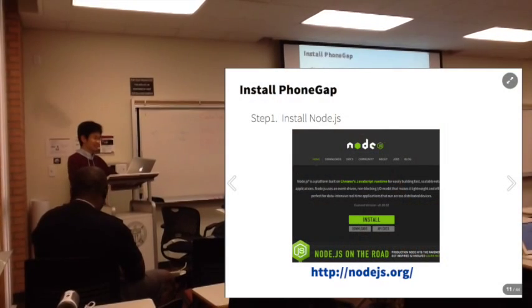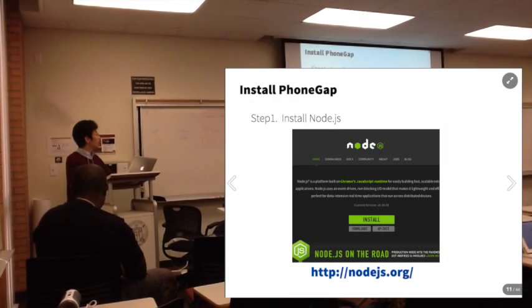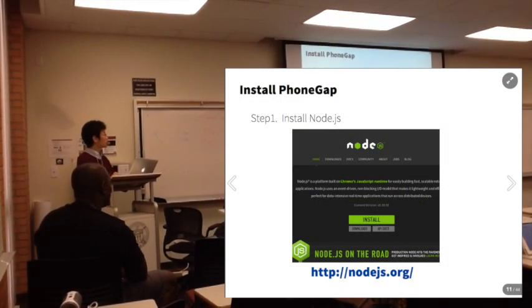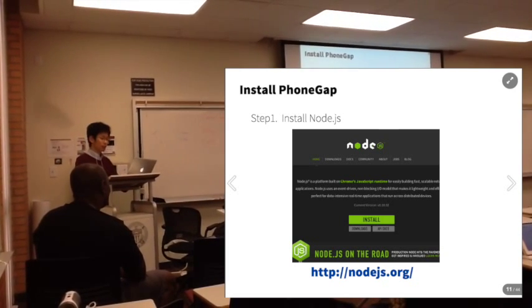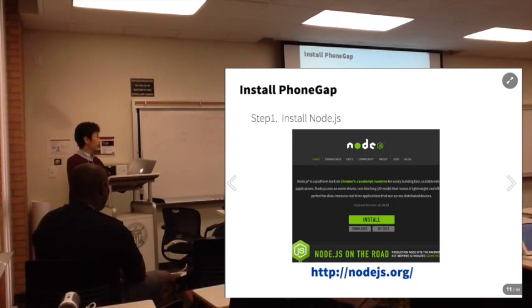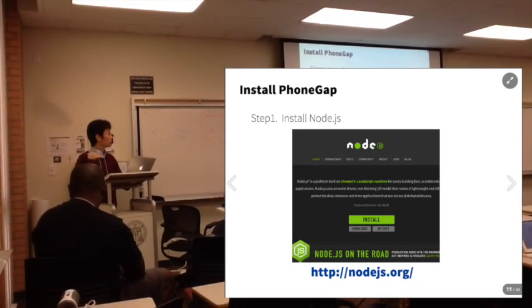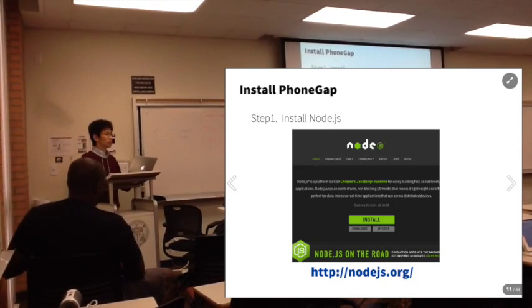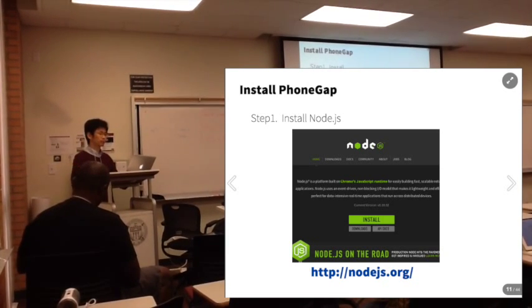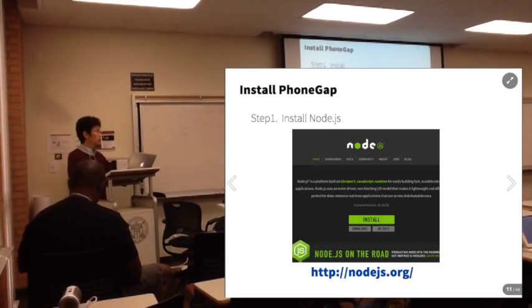Thank you so much. Using PhoneGap, first of all, you need to install Node.js. Node.js is server-side JavaScript. It means your JavaScript programs run on your computer, and you don't need a browser.